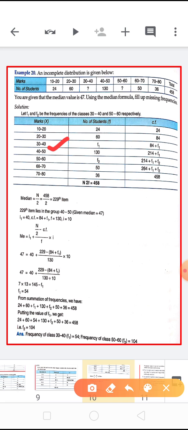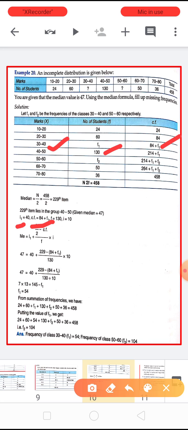So here L1 is 40 as usual. The preceding cumulative frequency is 84 plus F1. Frequency is 50, and the distance between the lower and upper limit is 10.